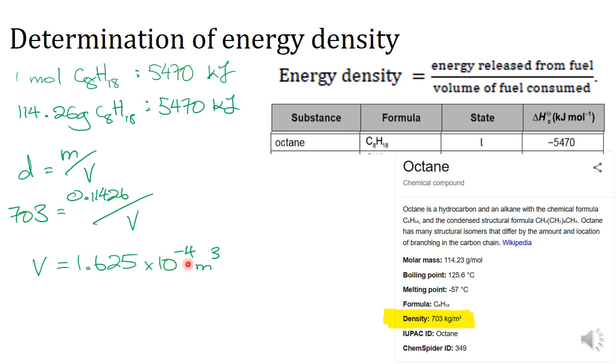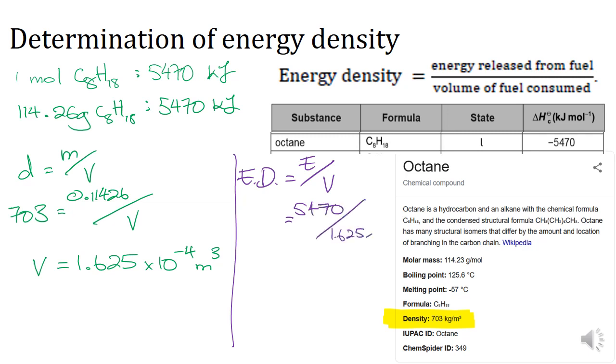I've now got a volume and I've got an energy. So energy density is energy divided by volume. So this is 5470 divided by 1.625 times 10 to the negative 4.